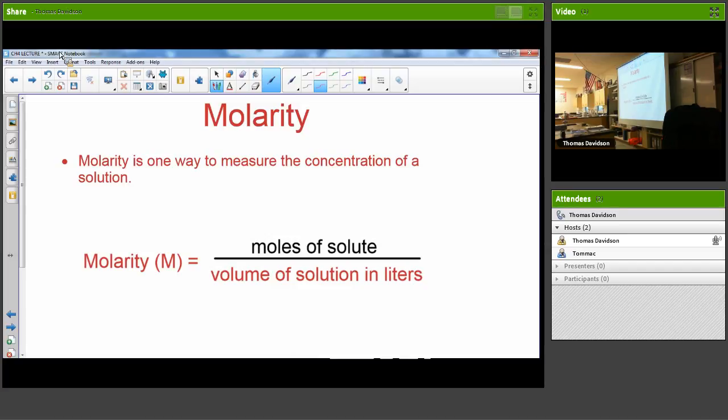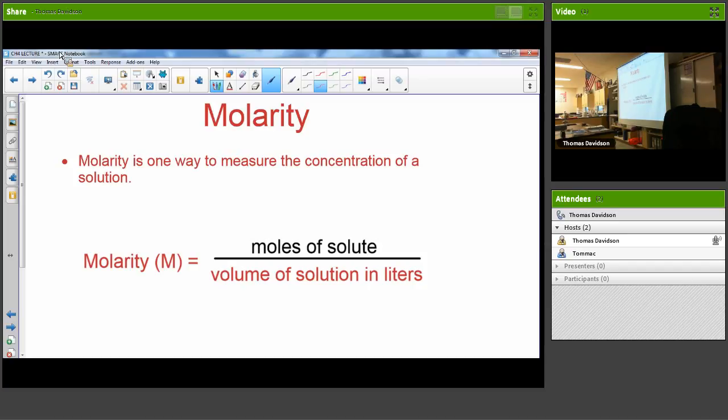All right, molarity is one way to measure the concentration of a solution. In this class, molarity is the most important way that we measure the concentration of a solution. Now, molarity has its own short abbreviation, and that is just a capital M.